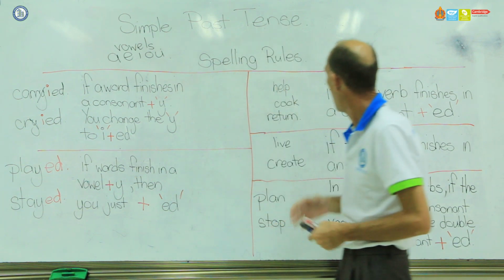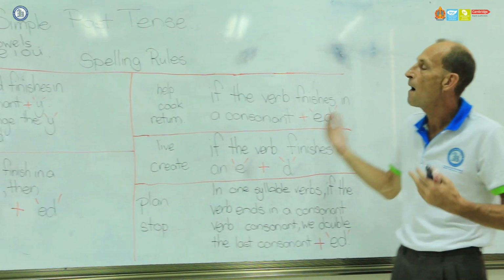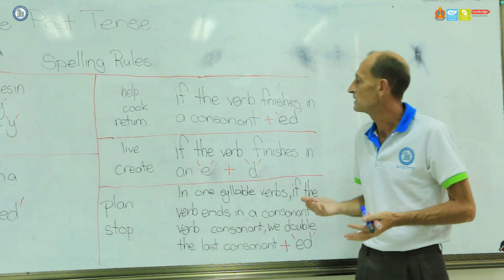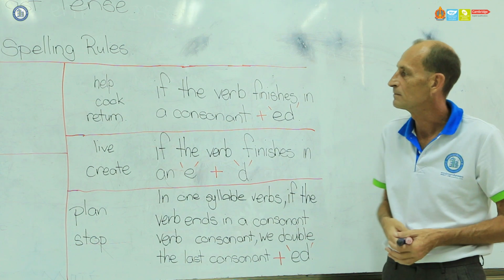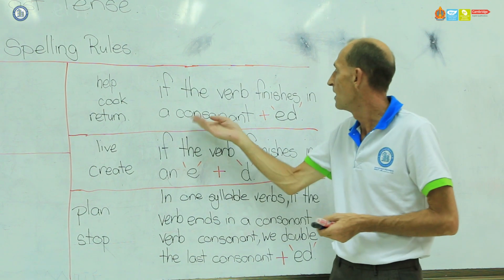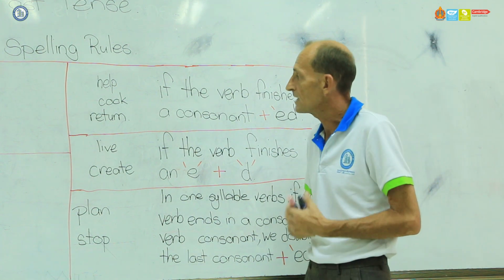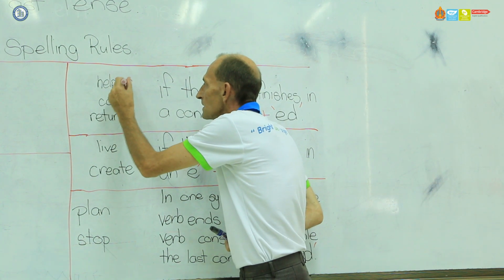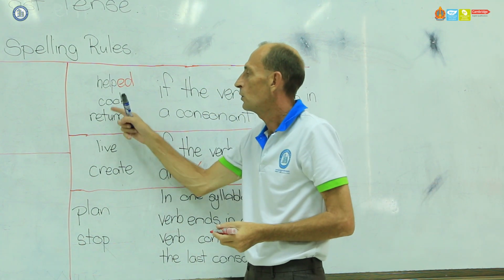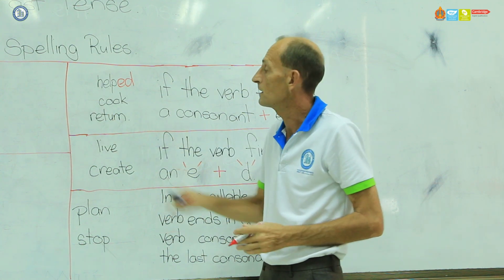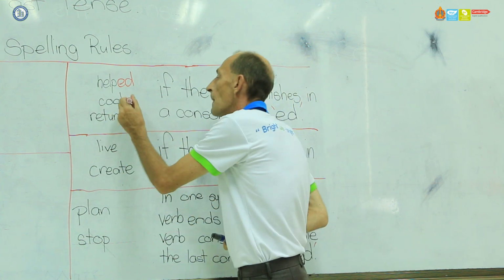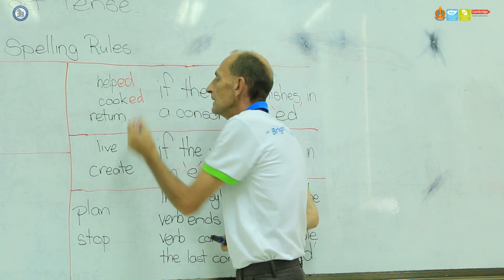Now let's have a look at it over here. The majority of our verbs, we call base verbs, we just have to add an ED. So if a verb finishes in a consonant, we just add ED. Help, someone, we just add ED. Cook. Even though it's a vowel and then a consonant, as long as the last letter is a consonant, we add ED.